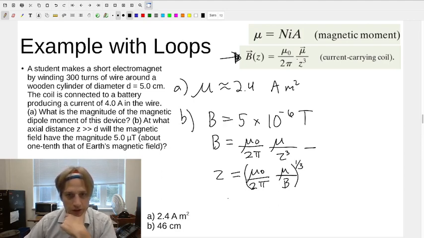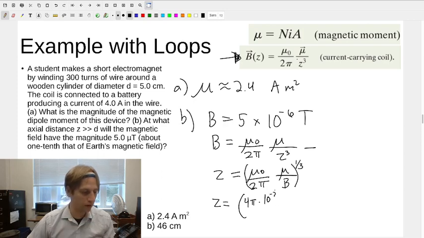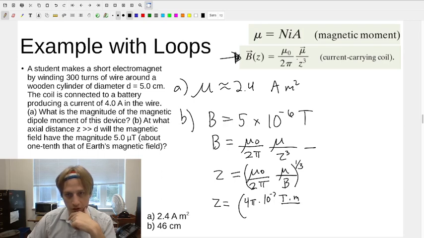And then I could go ahead and stick in numbers here. This would be 4 pi times 10 to the minus 7, which is mu naught, with units of Tesla times meters over amps, divided by 2 pi.